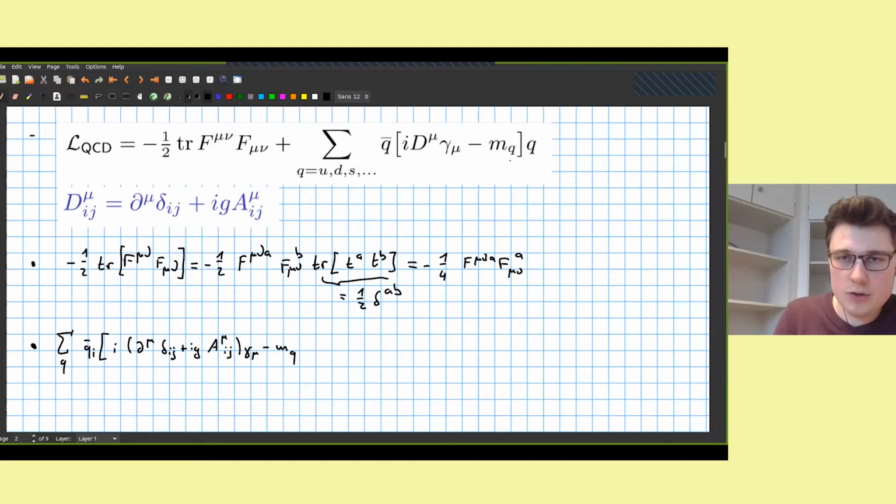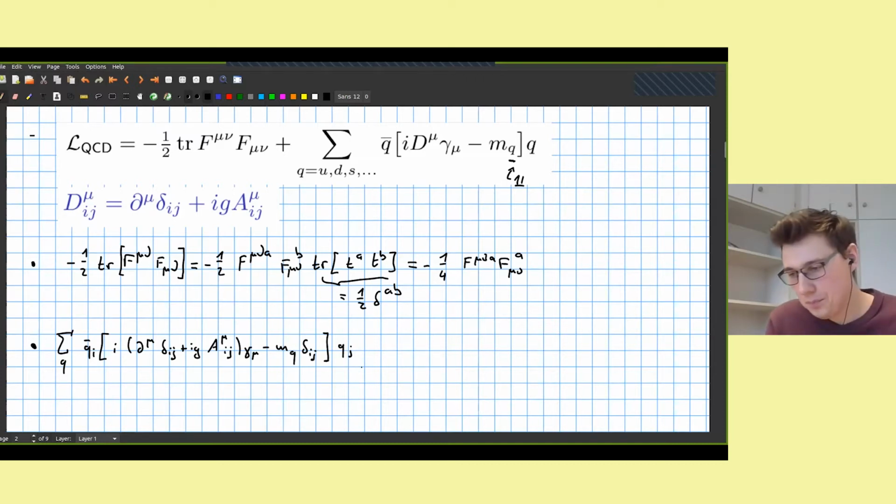So at this position here, actually, what sits here is a unity matrix in color space. Of course, one can leave that out, but if we write explicit color indices, one should better also be explicit about that. And so that's the expression right here.